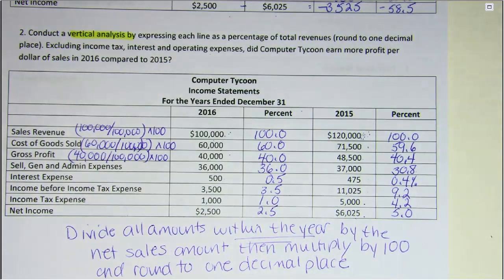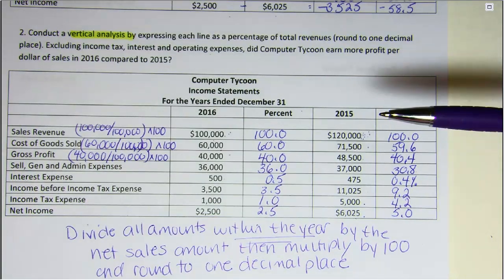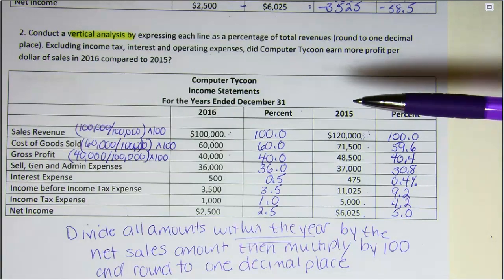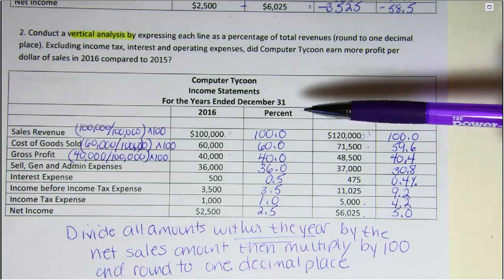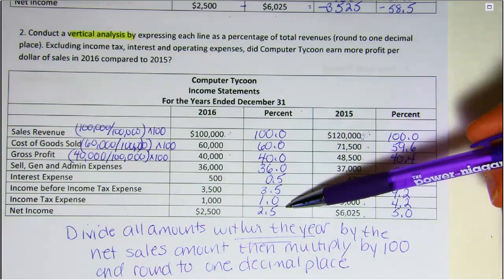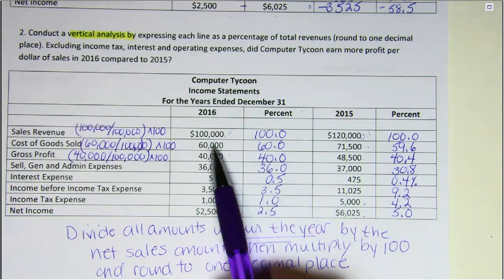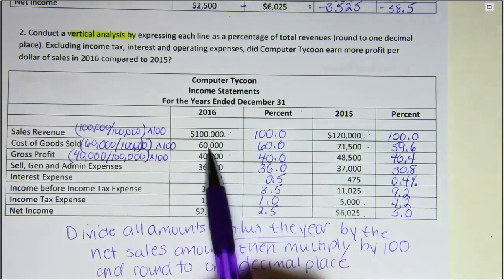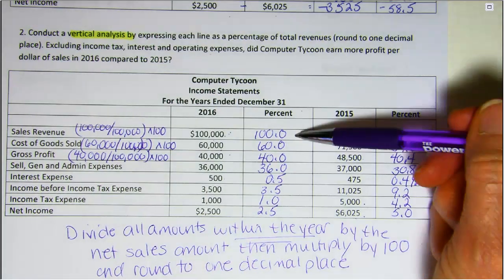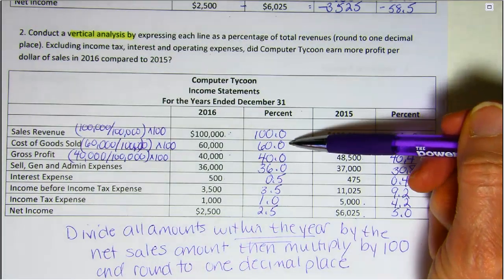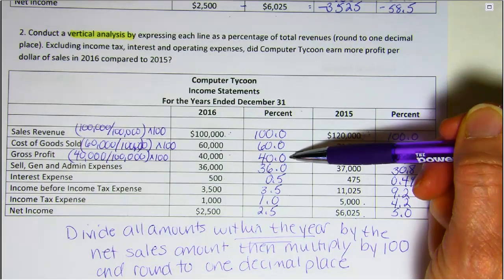Now, when we were talking on the earlier video in the mini lecture, I said that when we use our income statement or balance sheet with vertical analysis, the math has to work out with the percents just the way it works out with the dollars. So when we take sales revenue in dollars and subtract out the cost of goods sold of 60,000, we get 40,000. The same thing with the percents. 100% minus 60% is 40%.